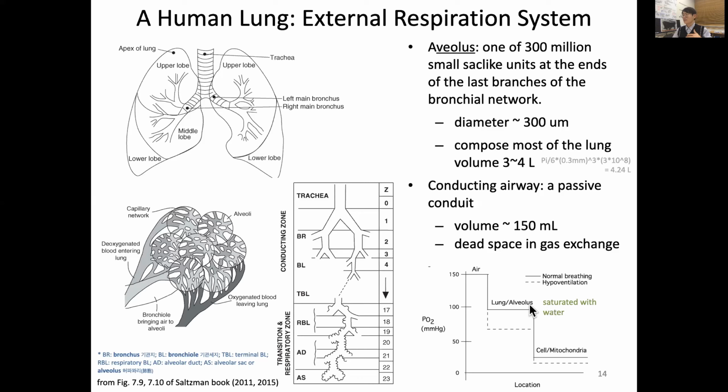And it gets even lower inside the cell or mitochondria, where they utilize this oxygen to produce our internal currency, which is ATP. That part is even lower because inside the cell or mitochondria, we are continuously using that oxygen for producing energy.